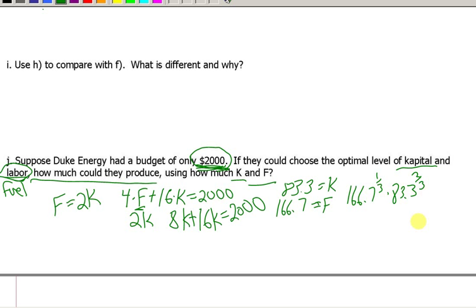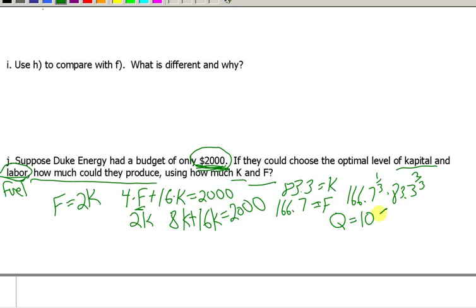So 166.7 raised to the 1/3, I get 5.5 times 83.3 raised to the 2/3, I get 104 or 105 here. So multiply those two together, and oh, we don't get 105. Sorry, my calculator did the whole answer. What that's going to give us is 105 units of output.